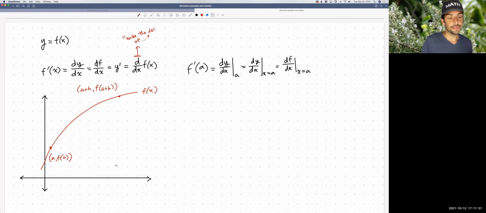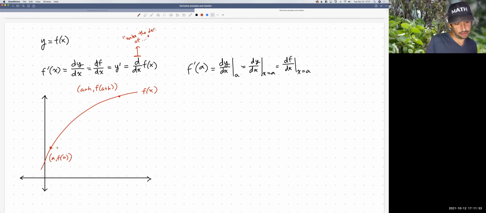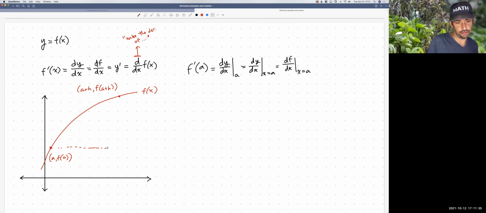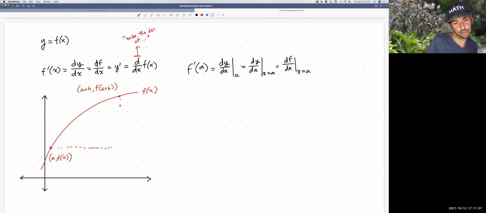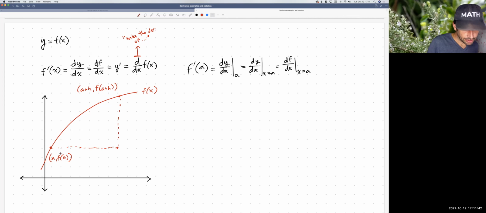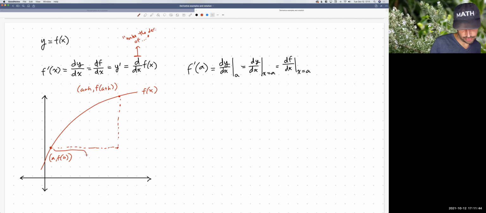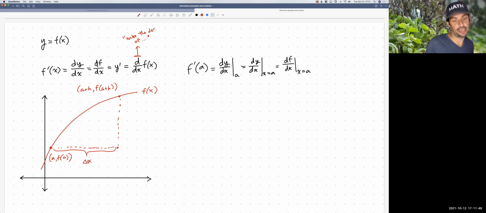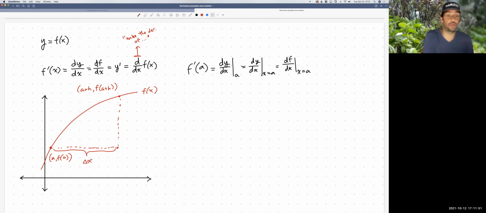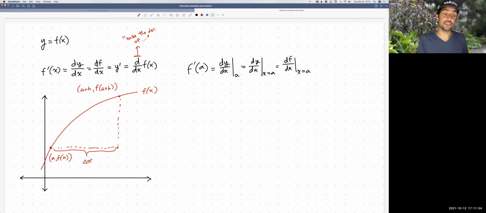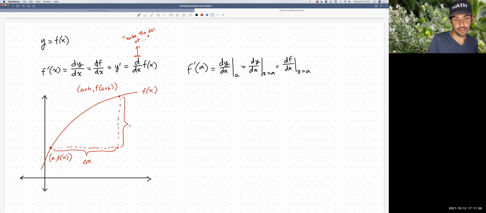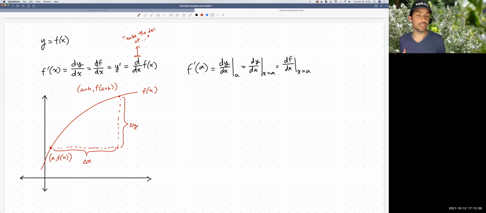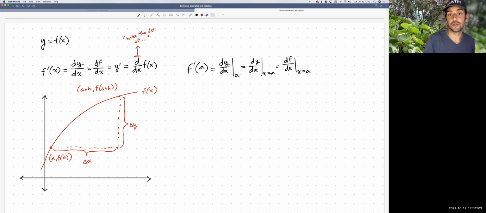And let me just draw a horizontal and a vertical line. This horizontal line, we're going to call this delta x, right? It's just the difference in the x coordinates of these 2 points. And we'll call this delta y, the difference between these 2 y coordinates, right?